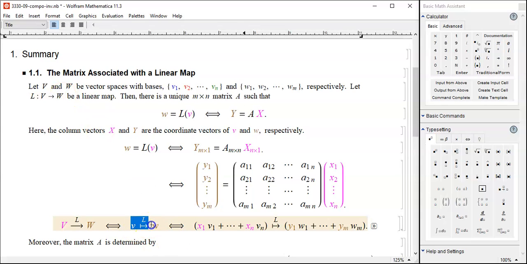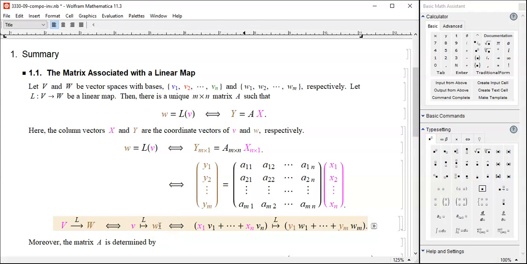And then this expression, now an element of V, an arbitrary vector V, goes to W, and this expression here is equivalent to this, W equals L of V. So this expression and that expression are actually the same, just written a little bit differently. This one is a little bit more algebraic, it looks like an equation, and this one looks like an input-output model.